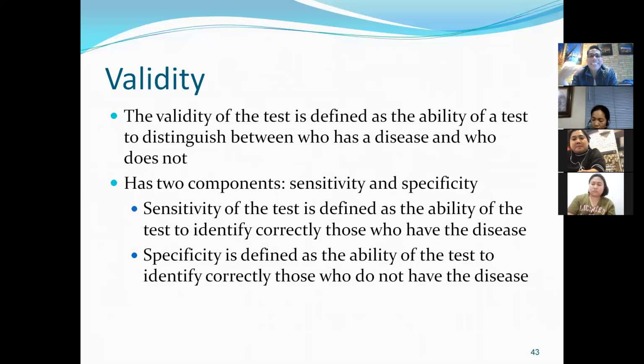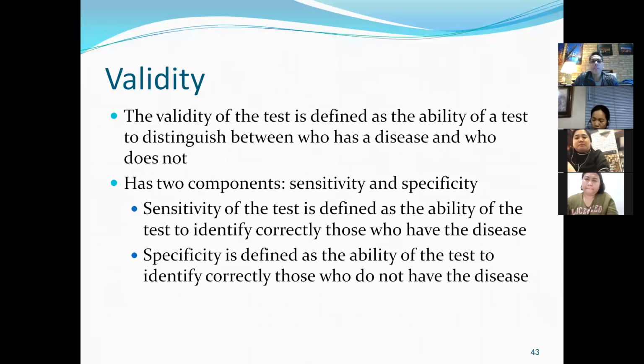So does it really detect the one with the disease? And does it really distinguish the one who does not have the disease? In psychometric measurements, validity is the ability of the instrument to measure what it intends to measure. So a very important concept in epidemiology is validity.